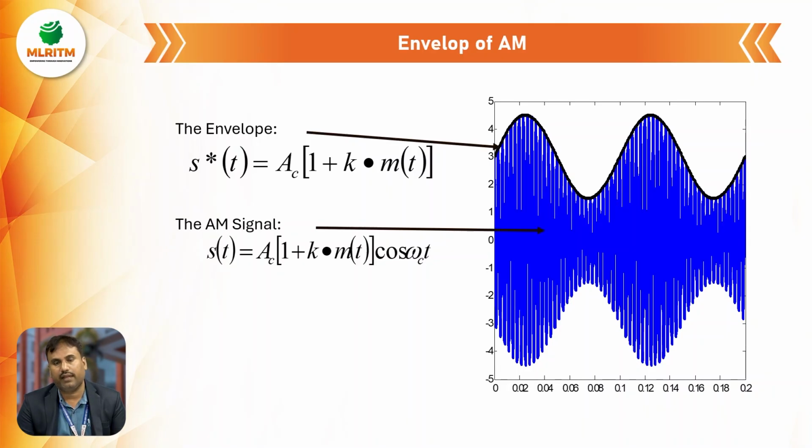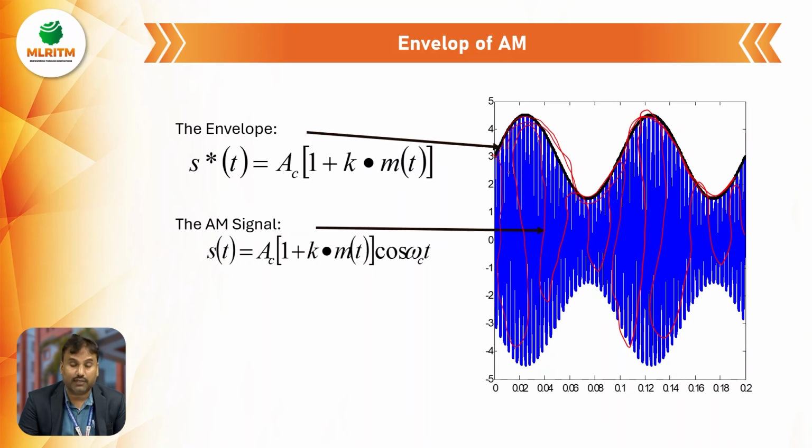What is the AM definition? The amplitude of the carrier signal is varying. How is it varying? It varies with the amplitude of the modulating signal. If you see the envelope of this carrier signal variation, it is nothing but the modulating signal.